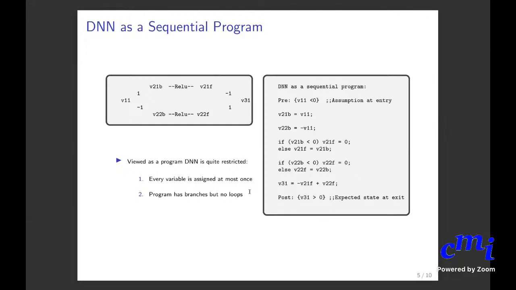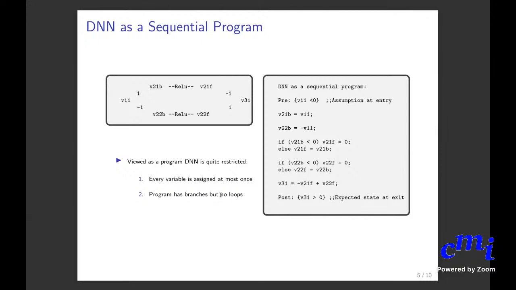Sorry. Firstly, I want to introduce program verification. Even though the DNN, when viewed as a program, is a very restricted kind of program, it has no branches.